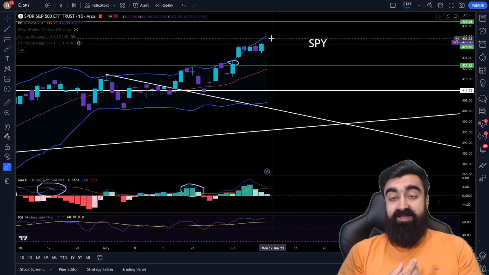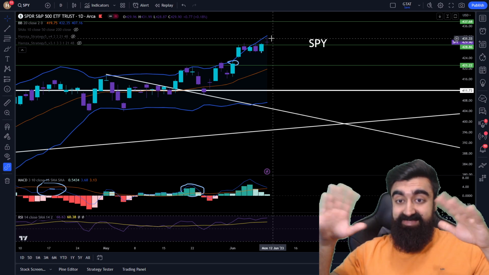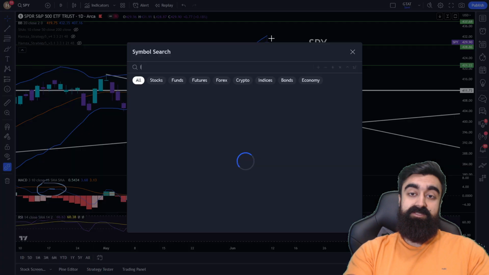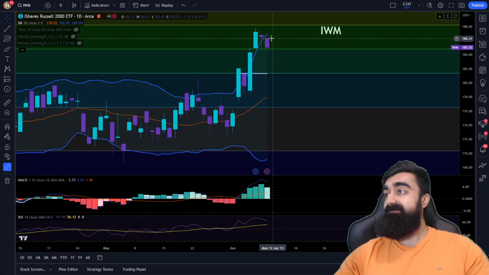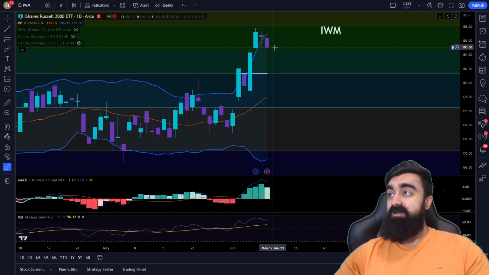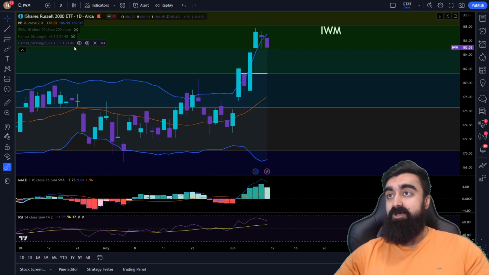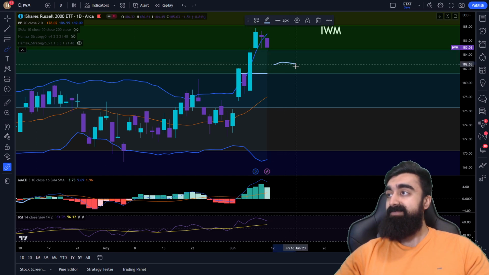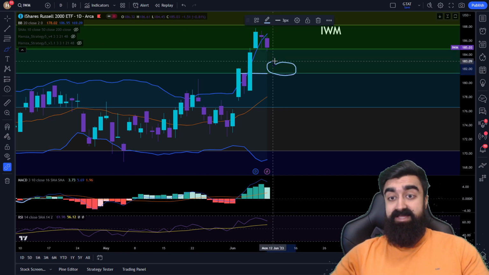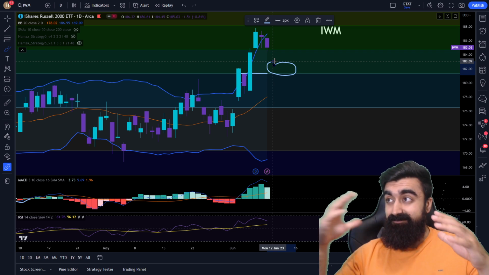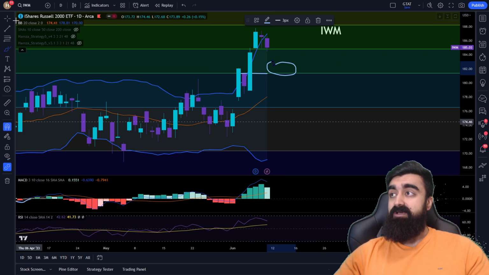We can retest 435, but that is just the SPY and the NASDAQ. On the IWM, we should be breaking below 184, and we should come back and retest this 183 to 182 level. To be honest, that would be something that I'm expecting.